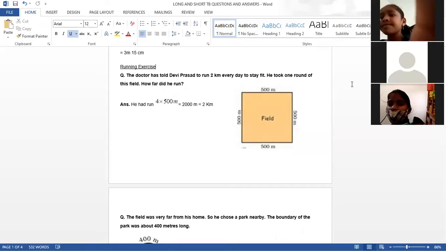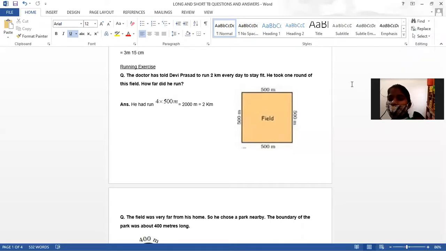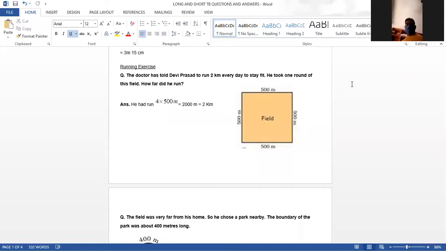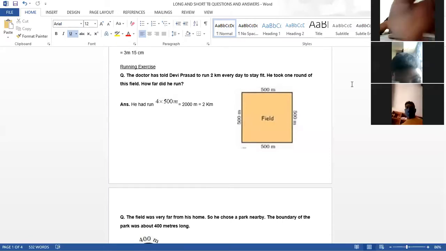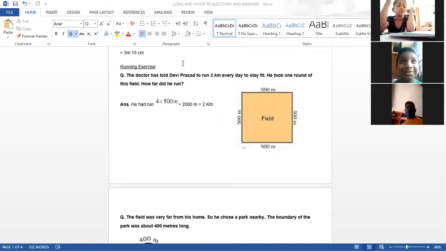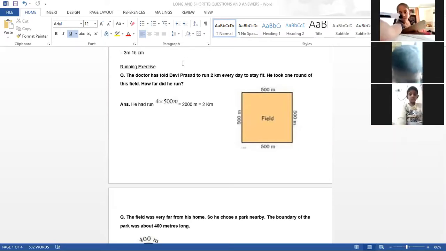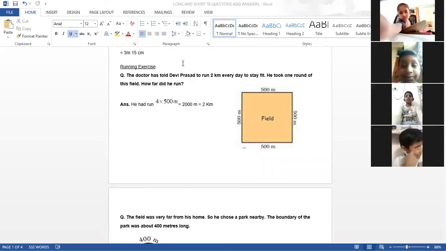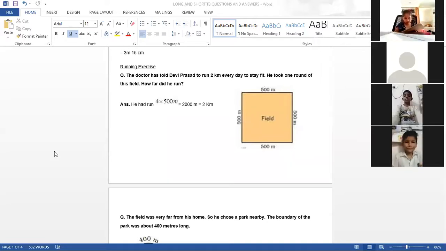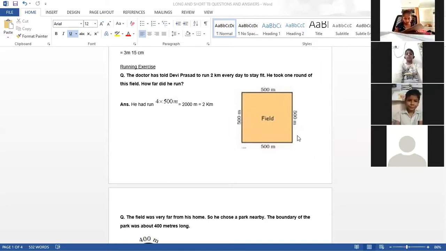Mr. Abhilash, your video is off. Parents are talking in the background. This is not good. Dikshita, your parents are talking in the background. Some noise is coming from your home. Mute yourself.